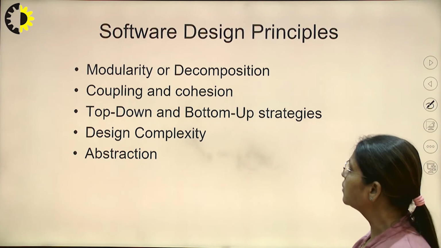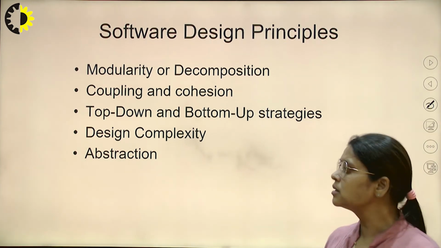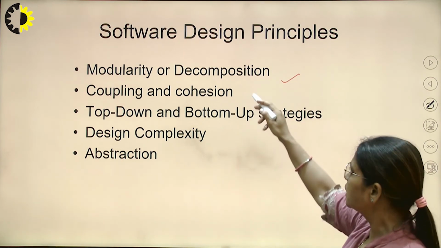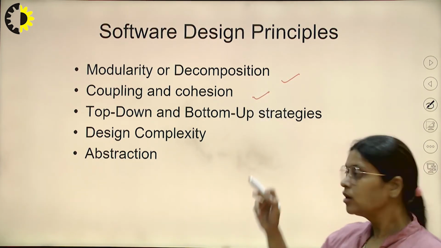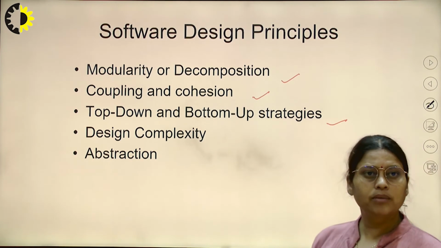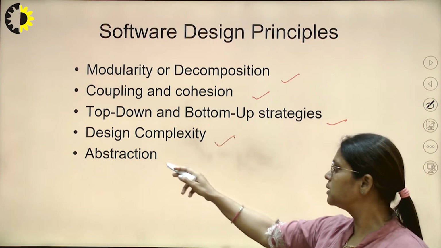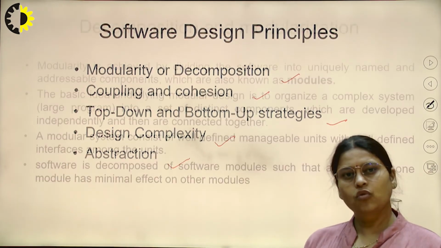Now, these are some software design principles. One is modularity or decomposition, second is coupling and cohesion, third is top and bottom level designing, fourth is design complexity, and last is abstraction. So, what is modularity?